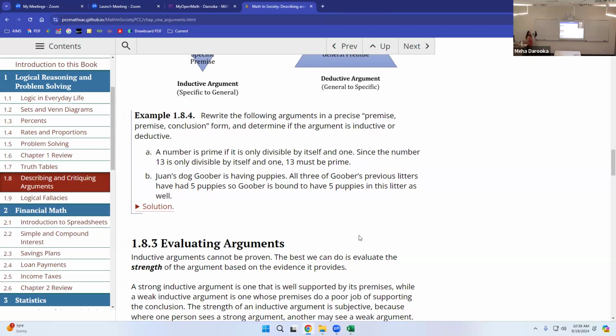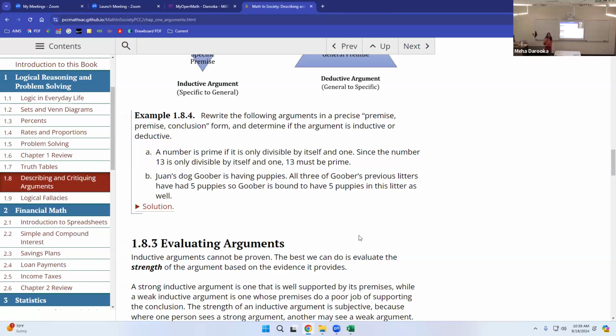So which parts are the premise and which part is the conclusion? A number is prime if it is only divisible by itself and 1, which we know is the definition of a prime number. They are saying since the number 13 is only divisible by itself and 1, 13 must be prime.